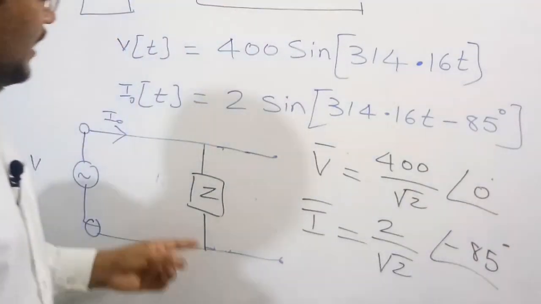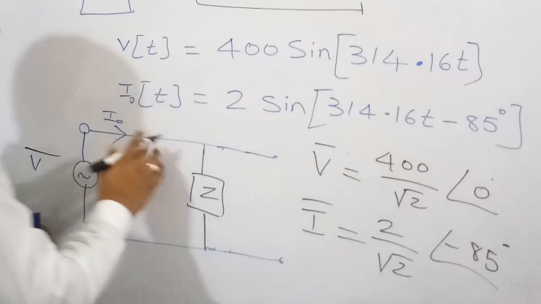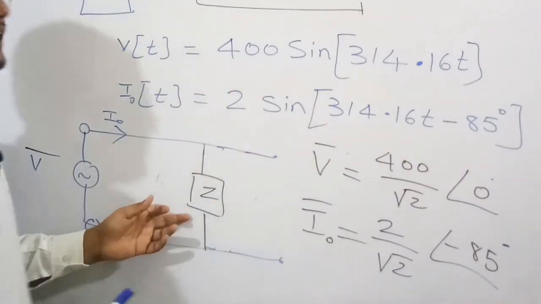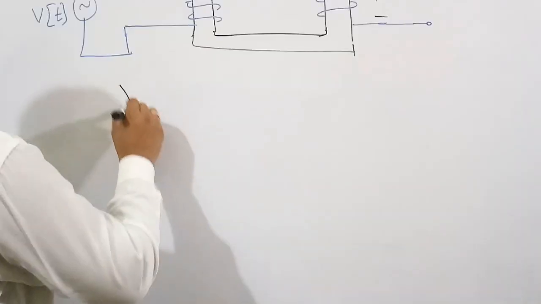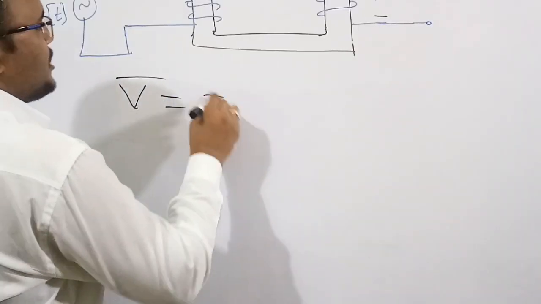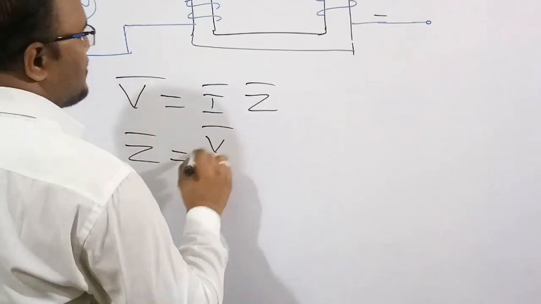Now we know the voltage and we know the current, so we need to find only the impedance. By KVL, V bar is equal to I bar into Z bar. Therefore Z bar is equal to V bar by I bar.